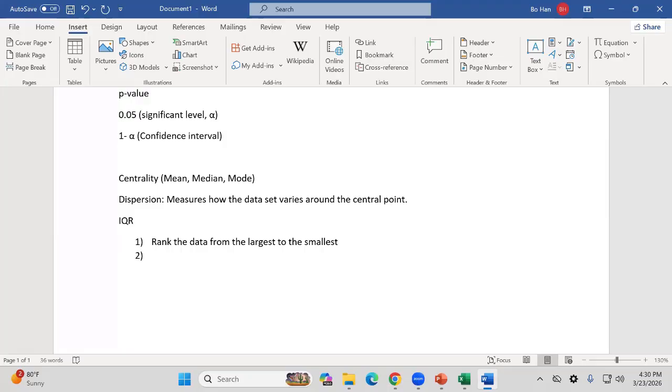And then we are able to find the median. Another name of the median value is the value at the 50th percentile.